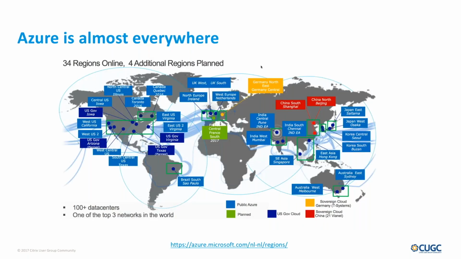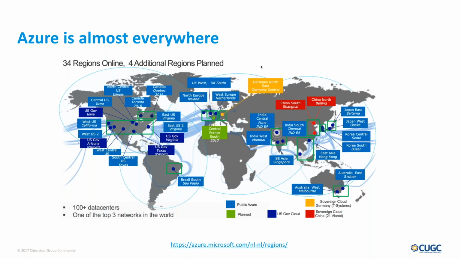Azure is almost everywhere. This picture is very recent, and Azure is being used by several companies, also by Citrix. You can see that all the blue spots are actual Azure data centers. Back in 2010, I guess, is when Azure started up as Windows Azure.